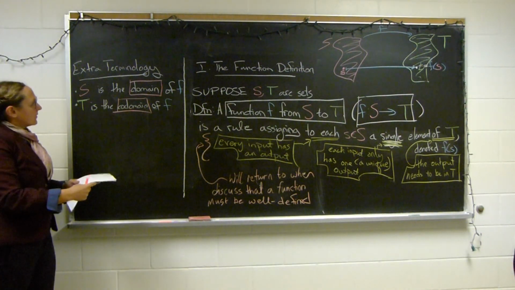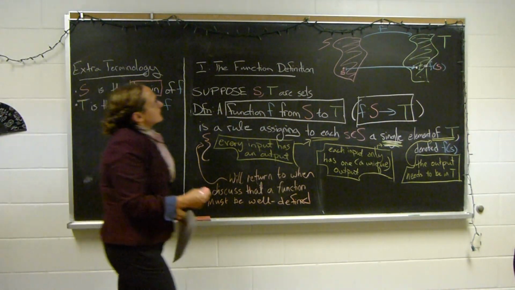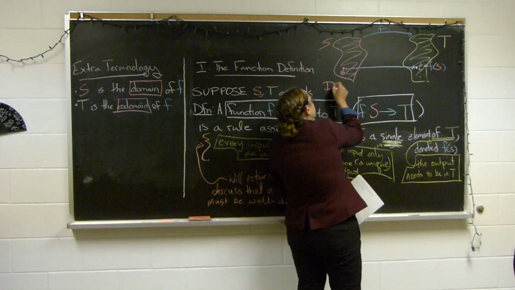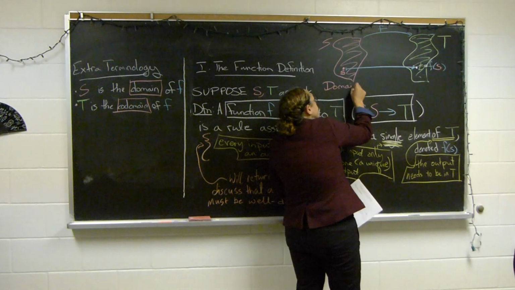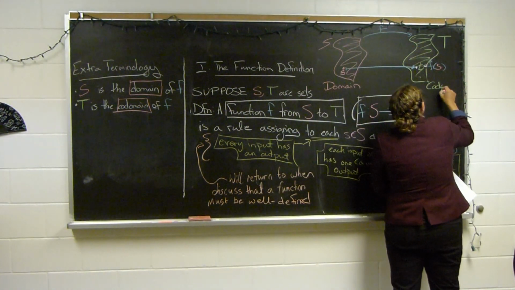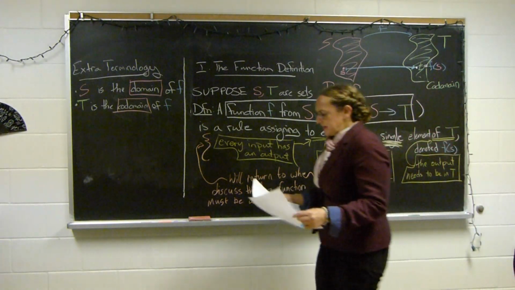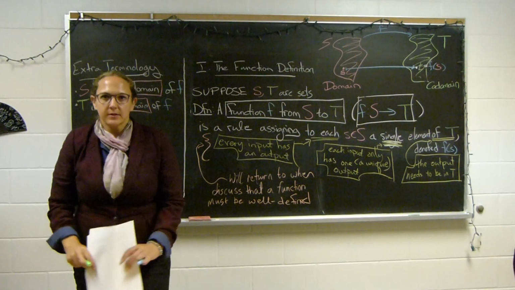Okay, so another way to write what's going on over there is that this over here is called the domain, and that over there is called the codomain, which is slightly different than the range, which we'll get to in a moment.